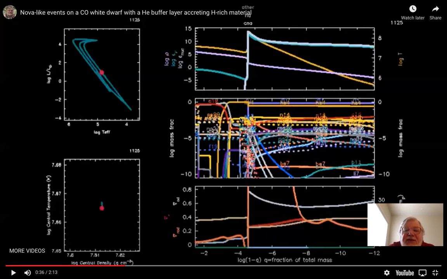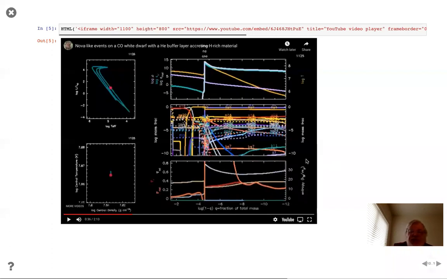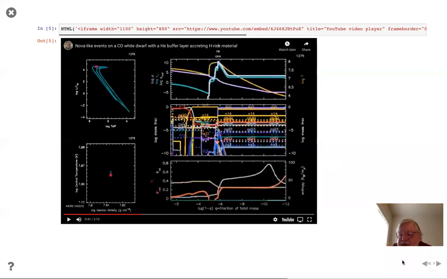So at the very beginning of its evolution, a nova should first erase the helium buffer layer. Unfortunately, there is not much discussion in the literature of this, but I just draw your attention to this fact because this is an important thing.